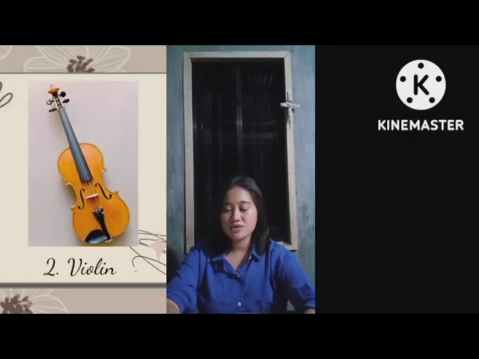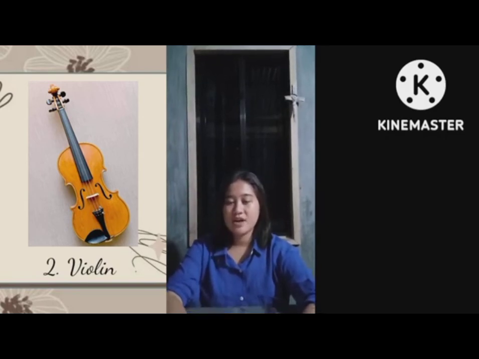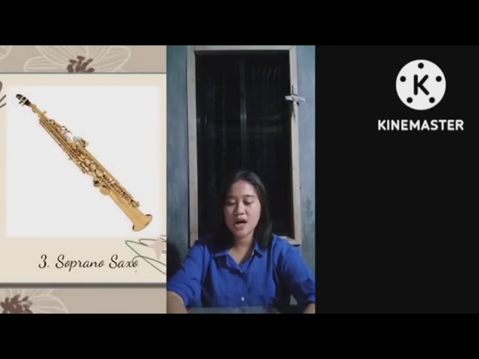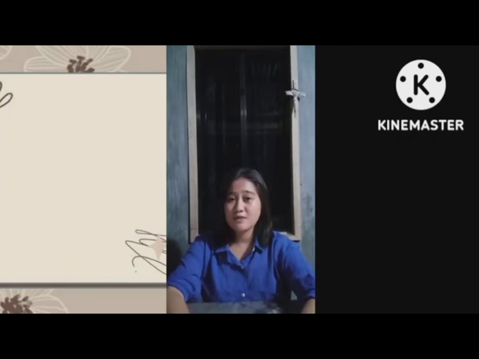It is a small string instrument, usually with 4 strings tuned in perfect fifths. Third, we have soprano saxophone. It is a woodwind instrument used as a solo and chamber instrument in classical music or a concert band or orchestra.